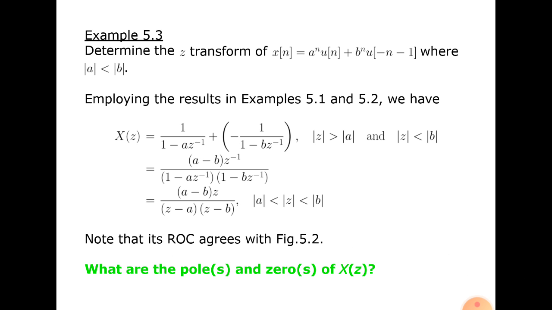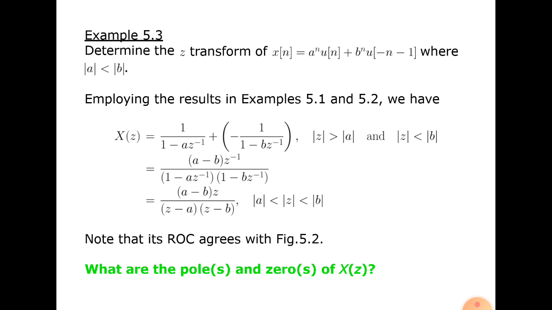And this slide shows how to determine the Z transform of x of n equal to a power n into u of n minus b power n into u of minus n minus 1, where modulus of a is less than modulus of b. Here we have two poles, z equal to a and z equal to b.